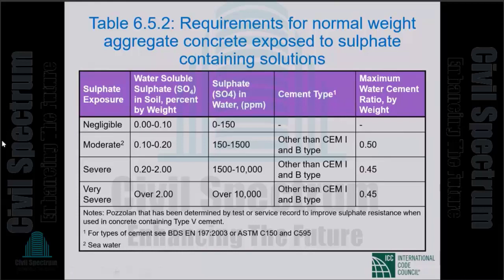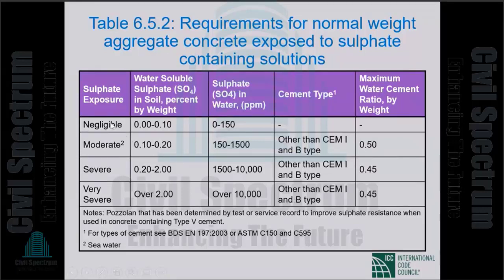Okay. If the sulfate exposure is negligible, then there is no limitation on maximum water cement ratio. If the sulfate exposure is moderate, then the limitation is 0.5. If it is severe, it's 0.45. If it's very severe, it's 0.45.